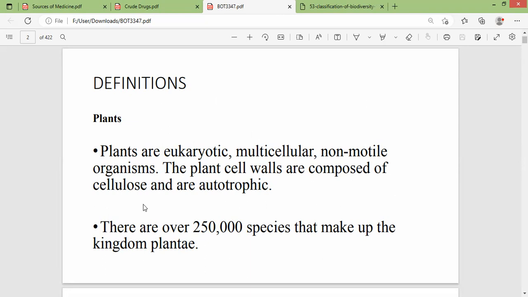Their cell walls are composed of cellulose, and they are autotrophic. Autotrophic meaning, in simple terms, they make their own food. But humans and animals, we say we are heterotrophic. We can't make our own food. We obtain our nutrients from plants, from other animals, and such things.